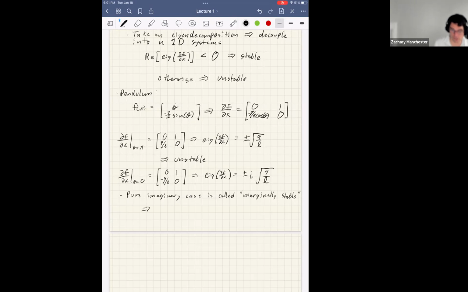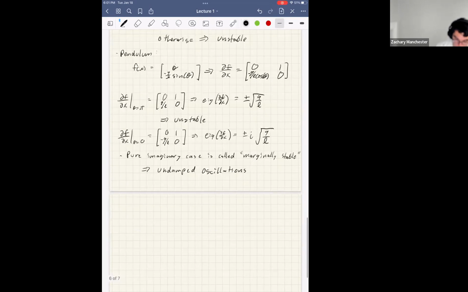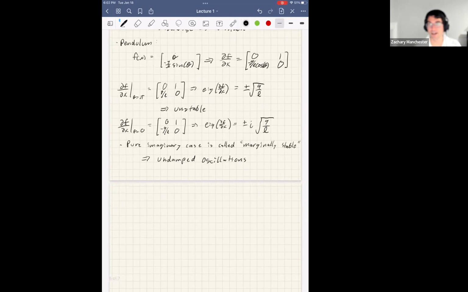So for a linear system, you have this marginally stable, undamped oscillations kind of thing. But if you're doing this on a nonlinear system, this is sketchy and you can't really trust it.